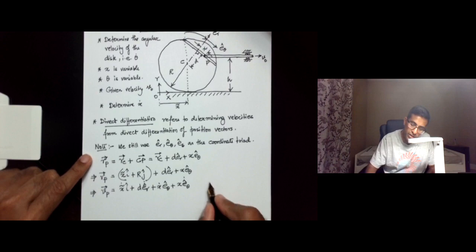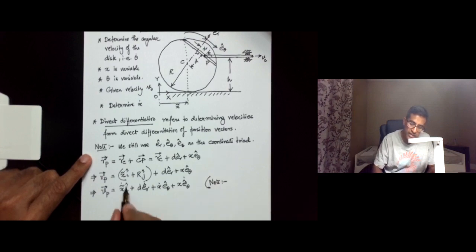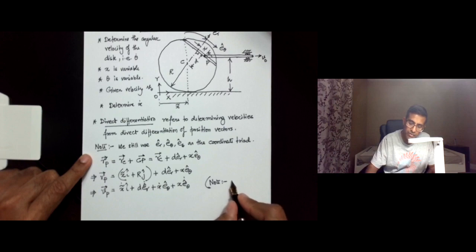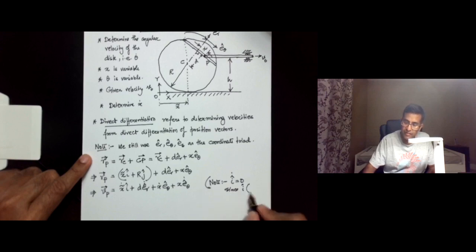Now note over here that I didn't take the derivative of I, because I dot is equal to 0, since I, i.e. x, has a fixed direction, right?